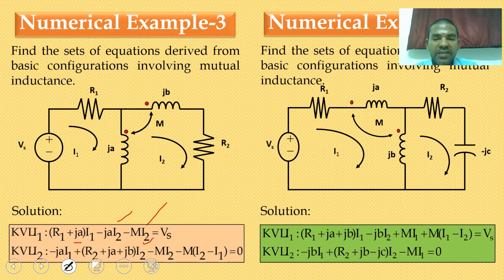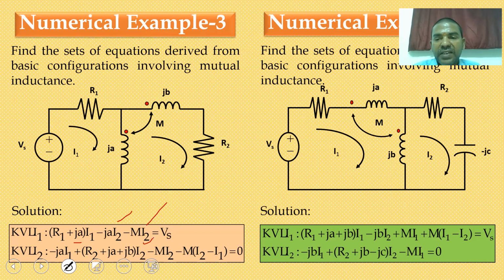So coming to the fourth example. It is just a correlation of your previous example only, but the coil is represented on the primary side. So first side: R1 plus JA plus JB into I1 minus JB into I2 plus M, where M is the mutual inductance between the two coils.